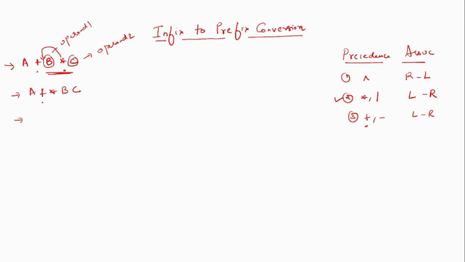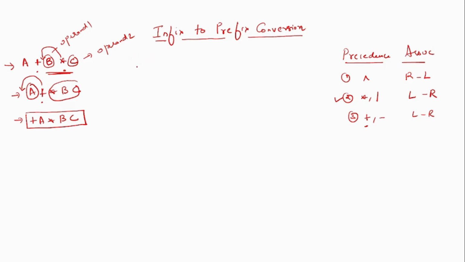Now the only operator left is plus. Therefore A becomes operand 1, this whole thing becomes operand 2, and plus becomes our operator. So we place plus before operand 1. Here plus A star B C would be our prefix expression. This is using the direct method.